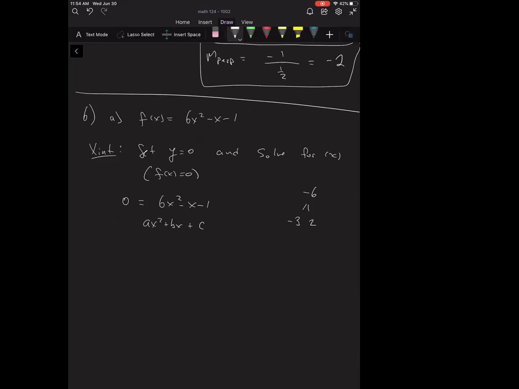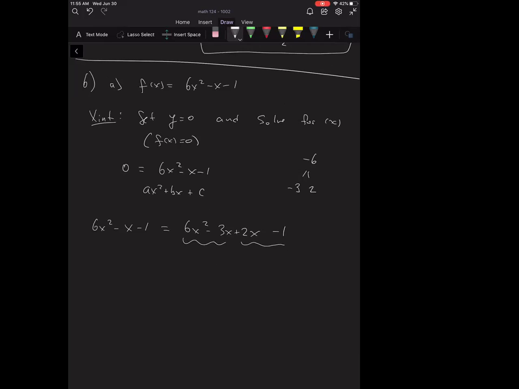So in order to factor 6x squared minus x minus 1, by using the AC method, we need to replace our middle term. So we're going to write this as 6x squared, now minus 3x plus 2x, because of these numbers right here. And then our -1, and then we have to do our grouping. We're going to group these together, group these together.